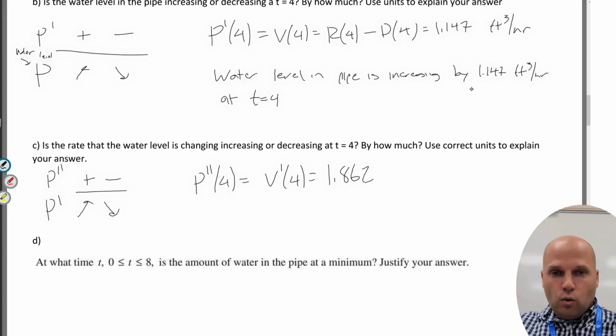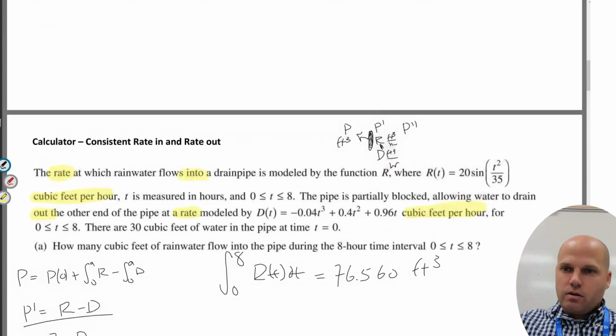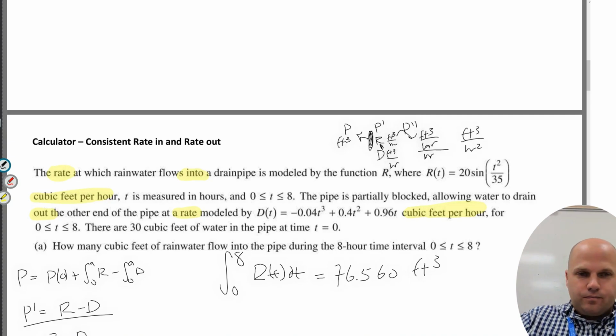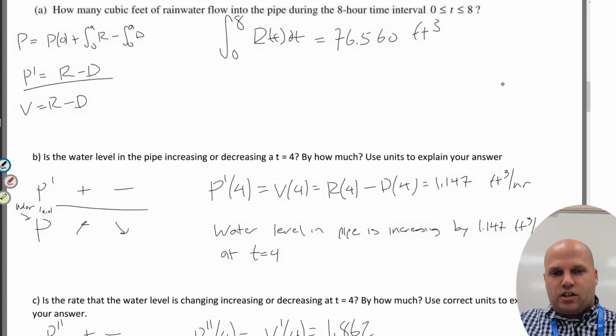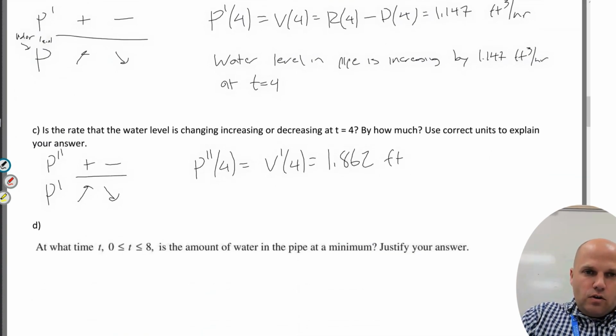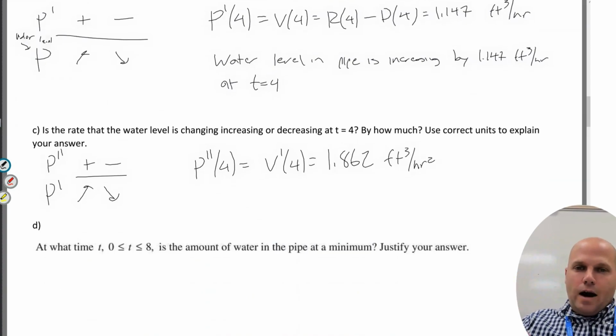Cool. Now, what did we do? We took a derivative of our velocity. When you take a derivative of your velocity, you will get an acceleration. You'll get cubic feet per hour squared. What's your explanation? Well, a second derivative tells you about your first derivative. So first of all, correct units, cubic feet per hour, how your cubic feet per hour are changing.